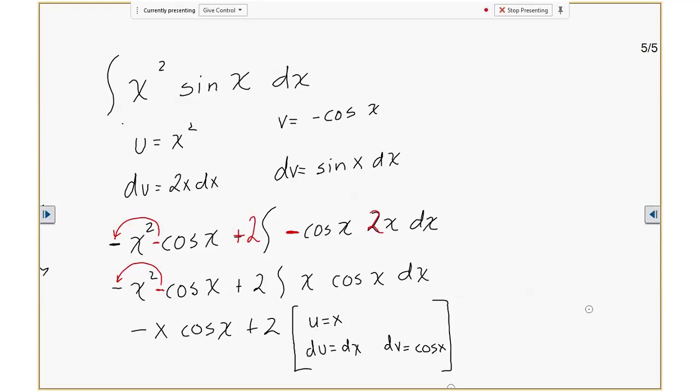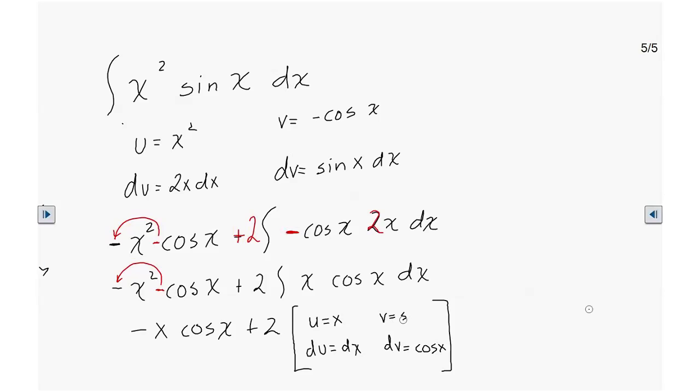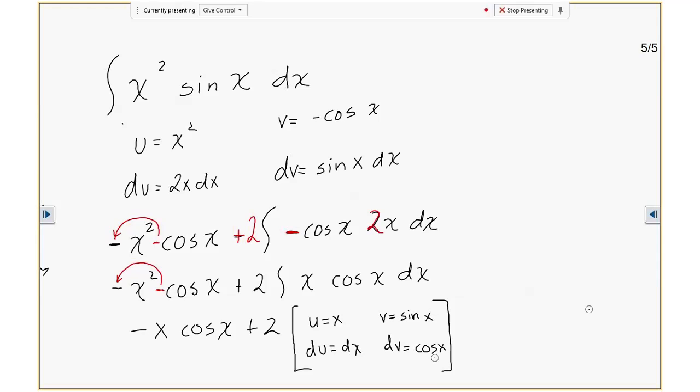And what's the antiderivative of cosine? I think it's the sine. Let me make sure. Yeah.